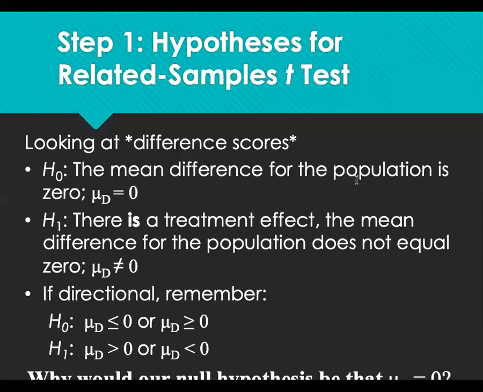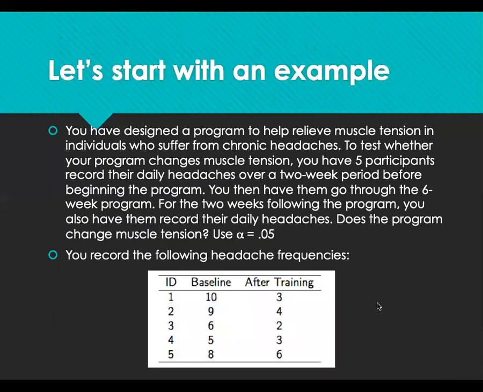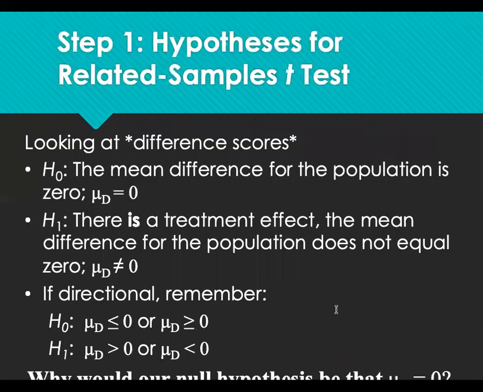So I'm just going to flip back to our data here for a second. Participant number 1 had 10 headaches before, and after the training had 3. We're going to compute the difference, and the difference there would be 7, right? And so all of the data for this kind of t-test is looking at difference scores, okay?